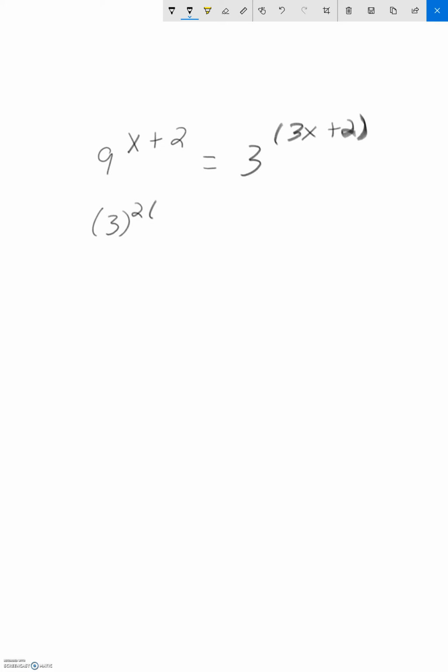So then I could just multiply that times the x plus 2, that was the original exponent. Remember, power to a power, you multiply them, is equal to 3 to the 3x plus 2. Now we have the same base, so I can say 2 times x plus 2 equals 3x plus 2.